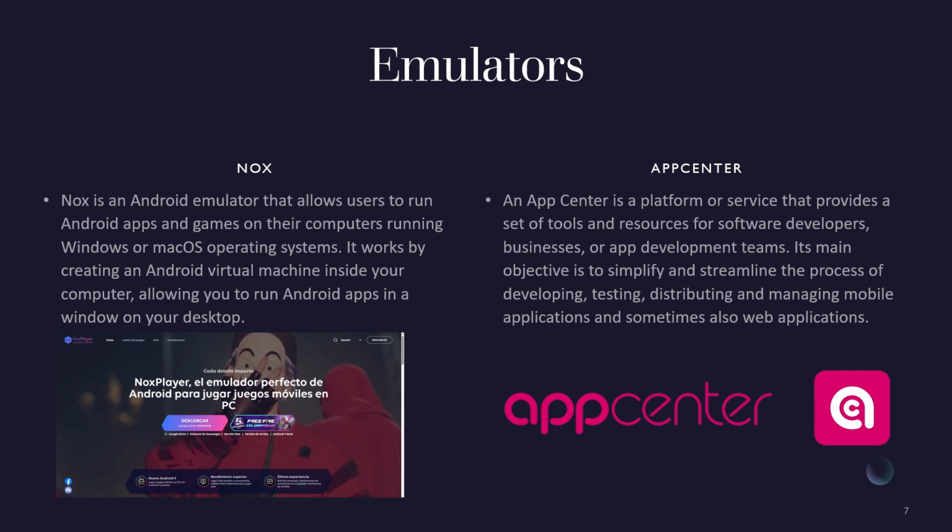This is used a lot in the business world, because the developer creates the app in London, and the testing people are in Spain. The testing people connect to App Center and download the latest versions to test the applications on all types of mobiles.